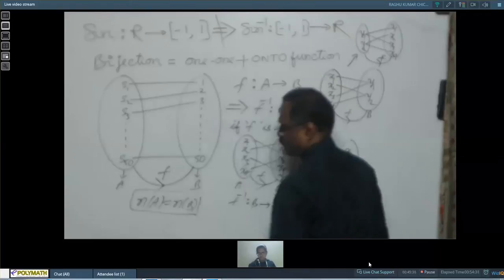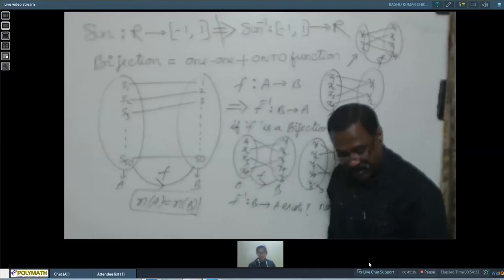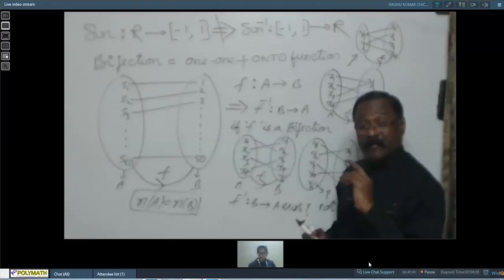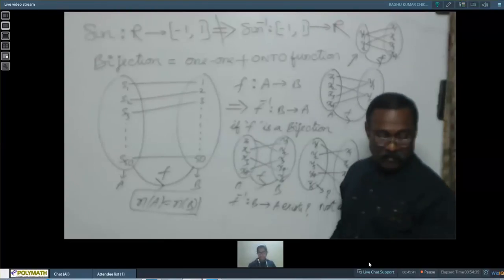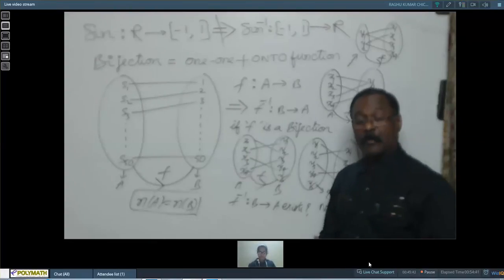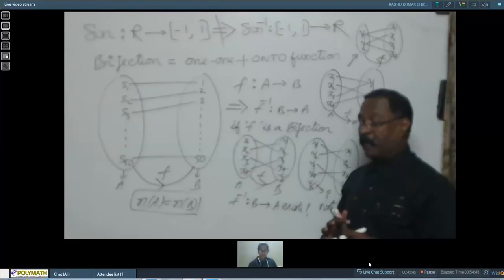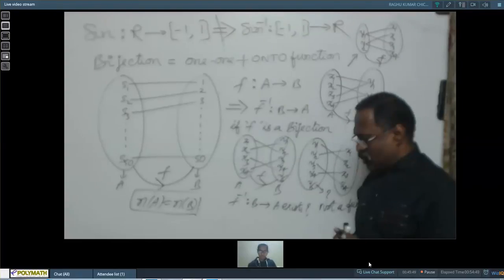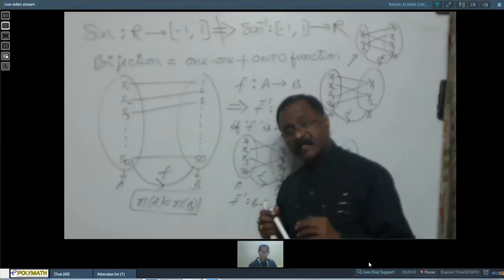Inverse is possible only when the number of elements in the two sets is equal. Now I hope you understand what exactly a bijection is.